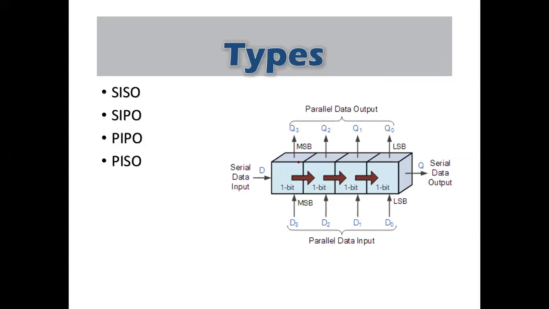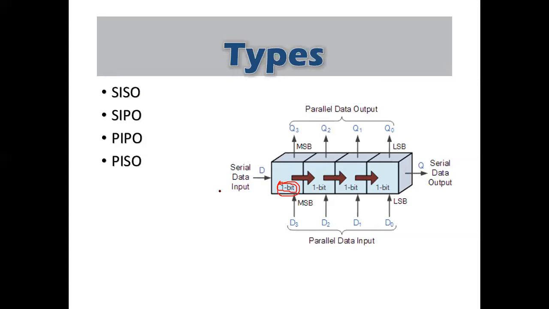See, each of these blocks is one flip-flop. Totally how many flip-flops do I have? 1, 2, 3, 4. Totally I have 4 flip-flops here, and one flip-flop can store 1 bit.